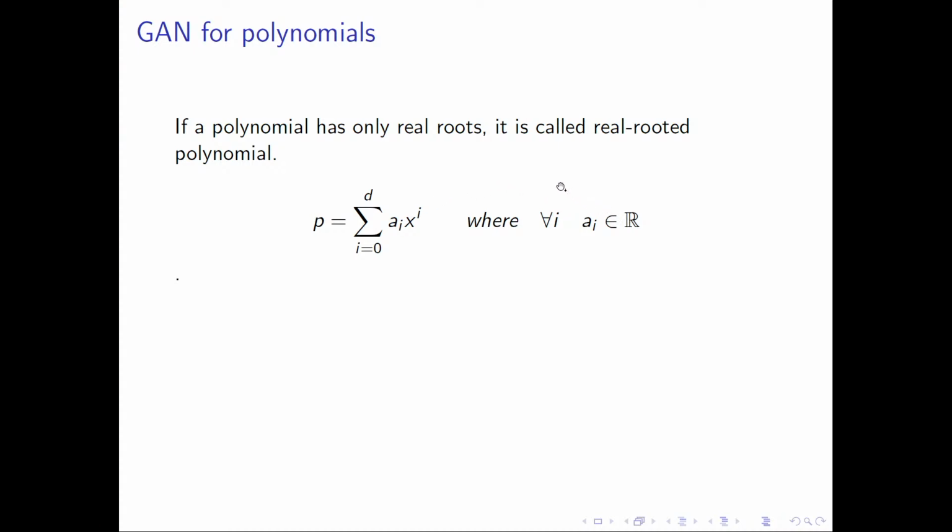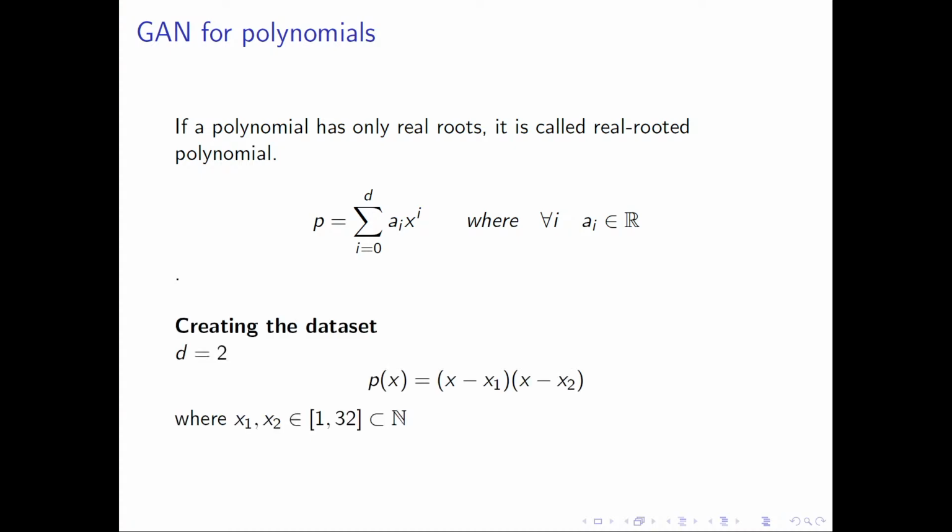In our structure, we need to create a real data set. So firstly, we try to start with degree 2. For degree 2, we just choose two roots from the integers 1 to 32, and we multiply x minus x1 and x minus x2.